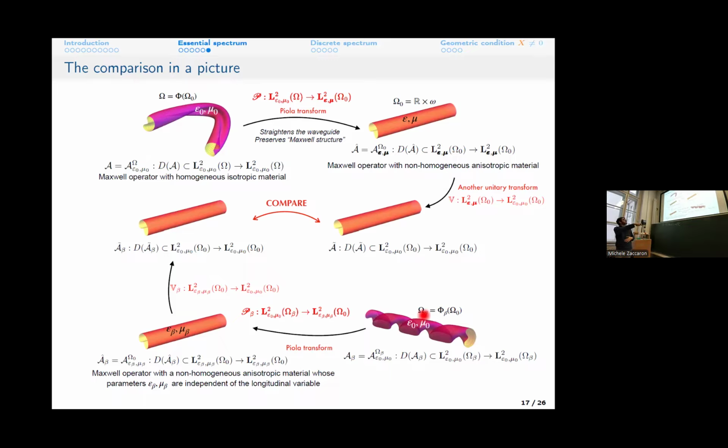As I told you, we start from the geometry, but we pull it back into the straight geometry by the Piola transform, still preserving the Maxwell structure. At this level, we can use the Weyl theorem to know the spectrum of this, and we want to compare these two operators, acting one here and one here, or equivalent to these two, but still we need to get to this level, losing the Maxwell structure, to be able to compare.